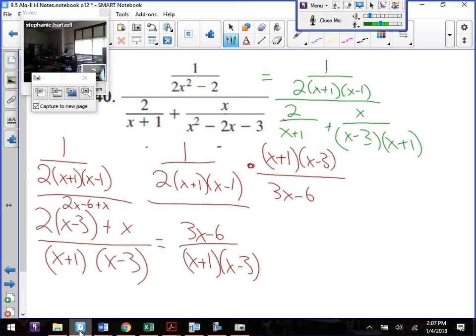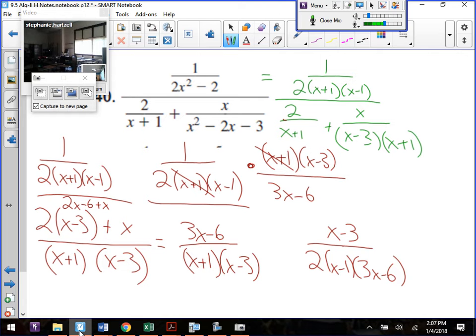Seems rather anticlimactic for all the work that we just did, because you only get to do one set of and then you're done. All you have to do now is write out the solution. X minus 3 over 2, x minus 1, 3x minus 6.